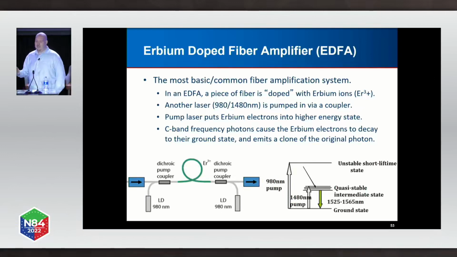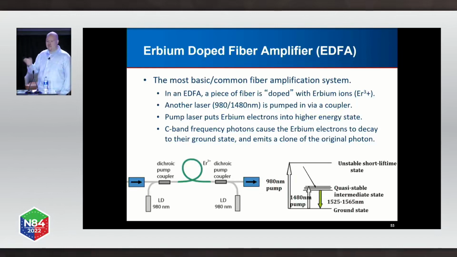And what happens is you take this loop of fiber and you add another laser to it. So in EDFA, you use either 980 or 1480. And these are the frequencies. The reason that we use erbium is because that's the thing that does what we want in C-band. And there'll be some other element that'll do the exact same thing in a different frequency.